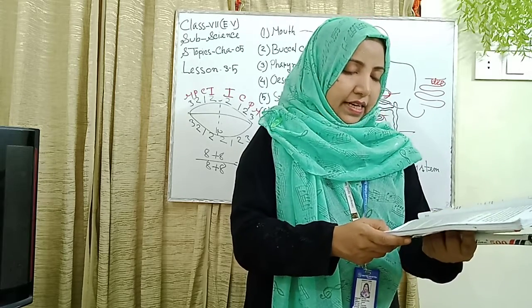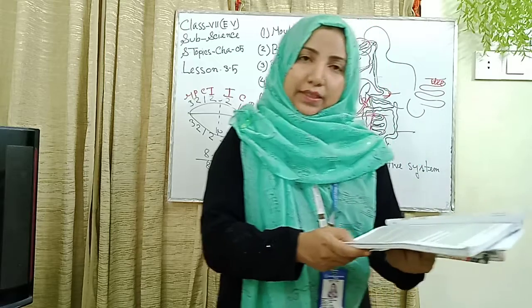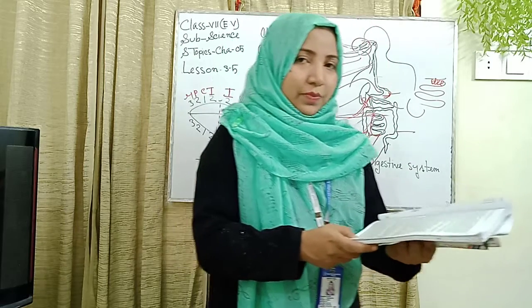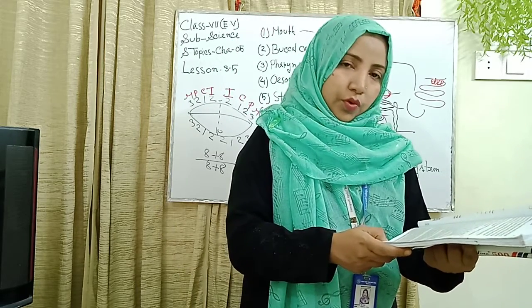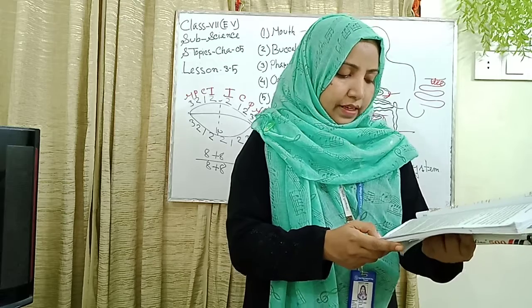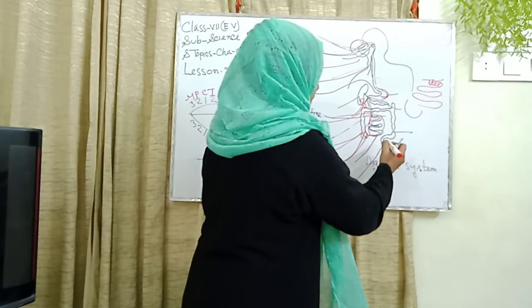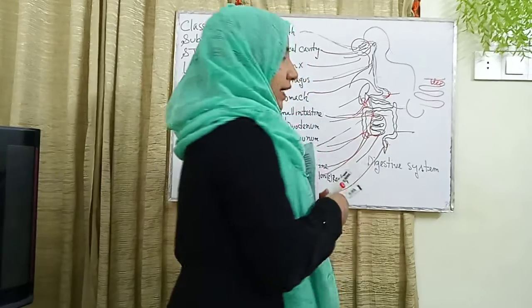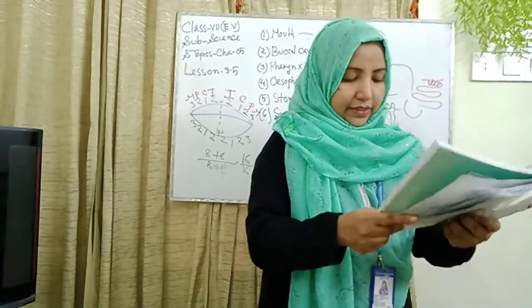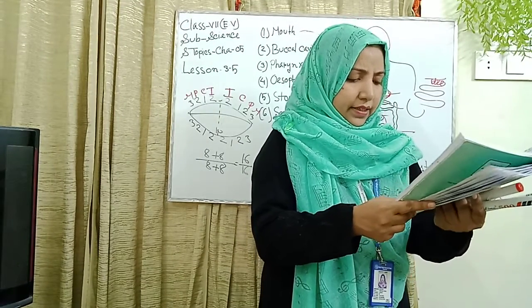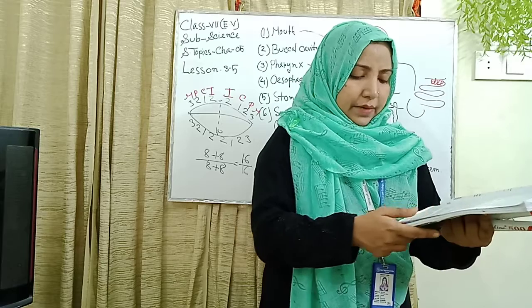The large intestine is divided into three parts, as I repeat again: cecum, colon and rectum. The rectum is the last part of the large intestine, and it looks like a bag.